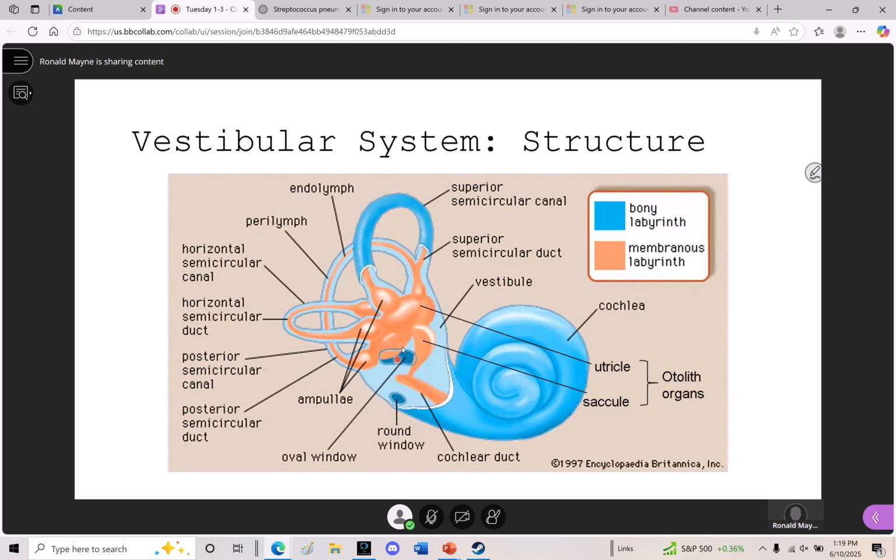Inside our bony labyrinth, you've got a membrane. The membrane is called the membranous labyrinth. Running through the cochlea, we don't see it on this picture, you've got the cochlear duct. And just like the cochlea, it will take 2.5 turns.